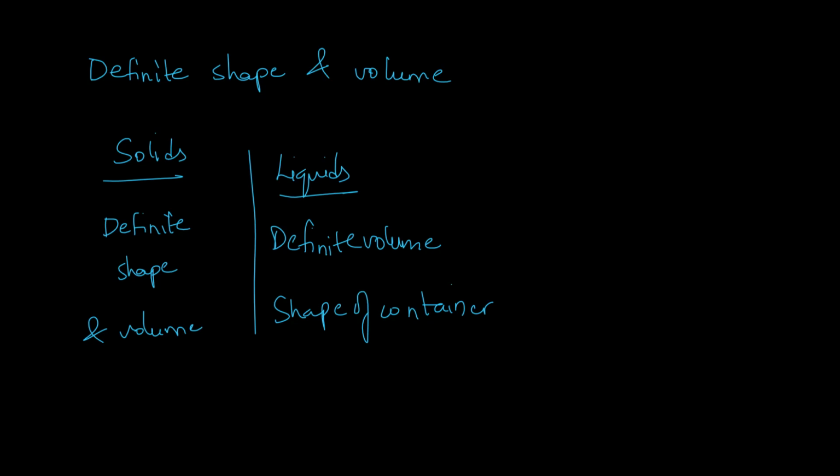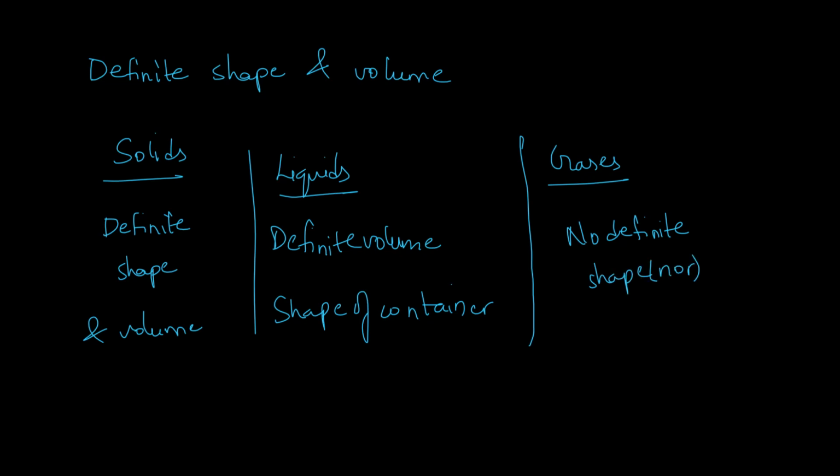If we pour water into a bowl, it will take the shape of the bowl. Whereas gases have no definite shape nor definite volume. So this is another property: definite shape, definite volume. Solids have definite shape and volume. Liquids have definite volume and take the shape of the container, whereas gases have no definite shape nor definite volume.